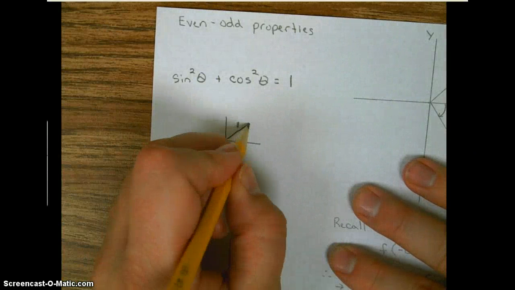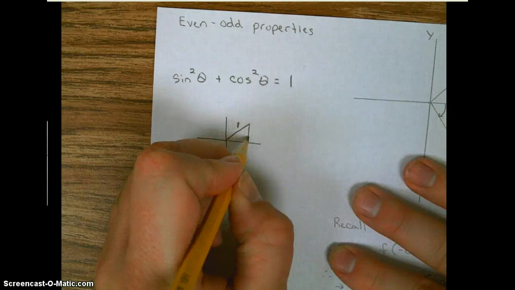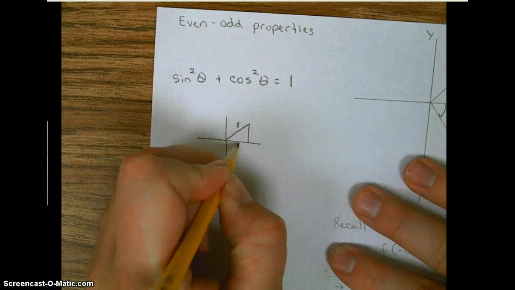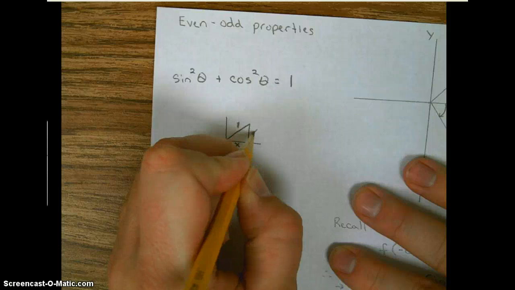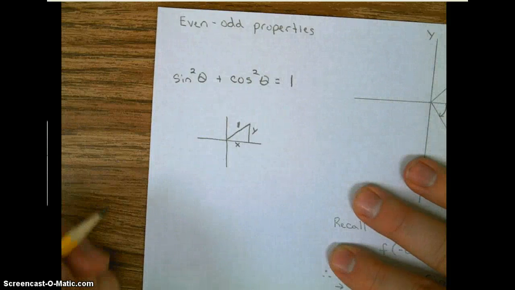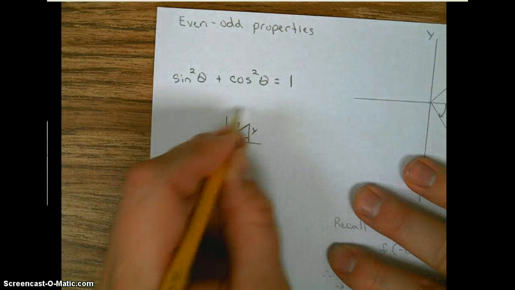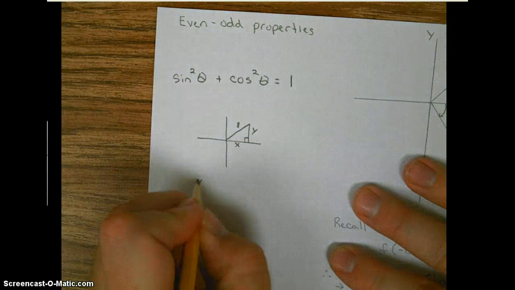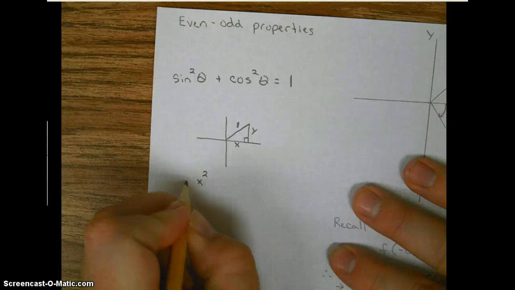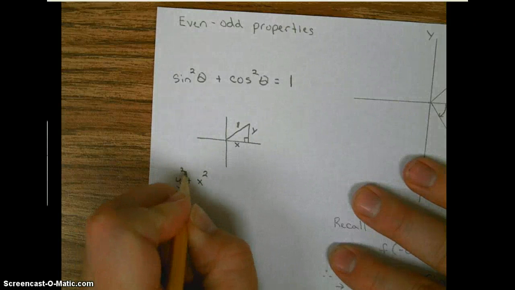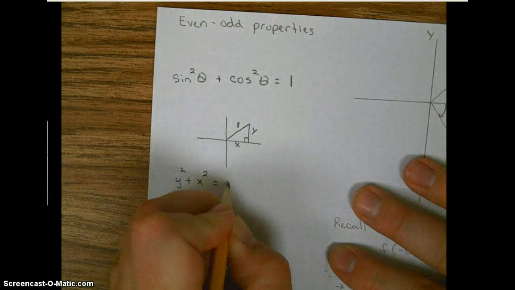So if we draw in our x and our y, you'll notice a right triangle. Applying the Pythagorean theorem to this, we get x squared plus y squared equals 1 squared.